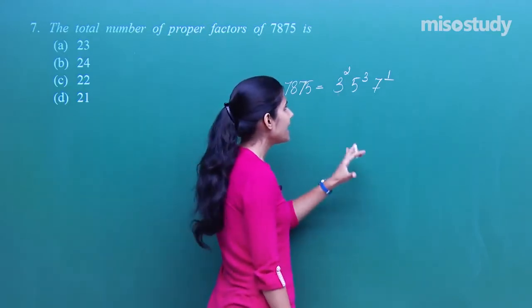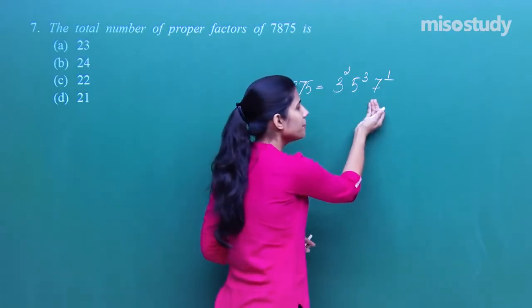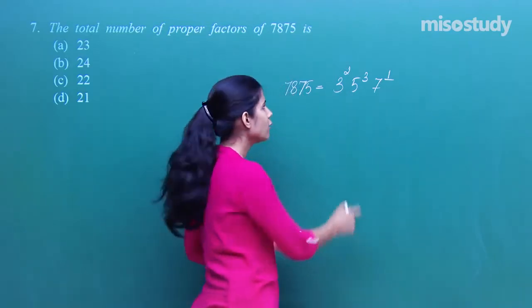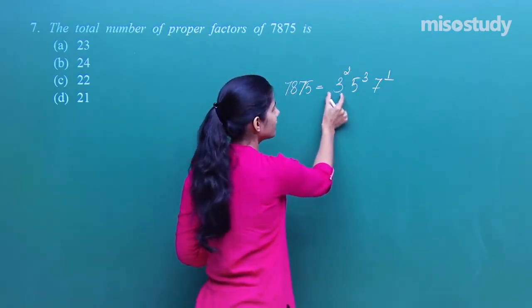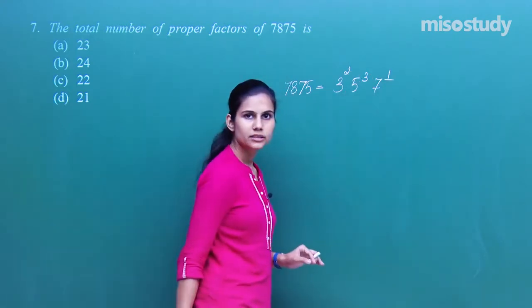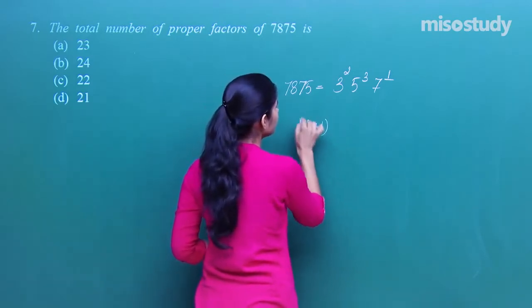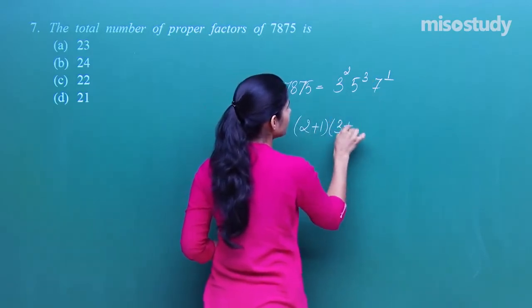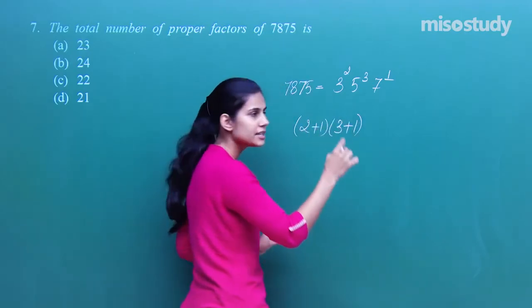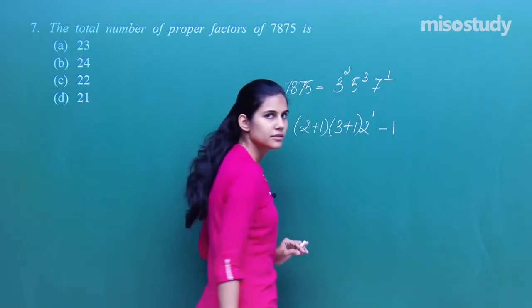That means I wish to choose one or any number of objects out of the 2 objects of one kind, 3 objects of the other kind and 1 different object. In how many ways can I do that? I can do that in 2 plus 1 into 3 plus 1, and then 1 is distinct, so 2 to the power, how many are distinct, minus 1.